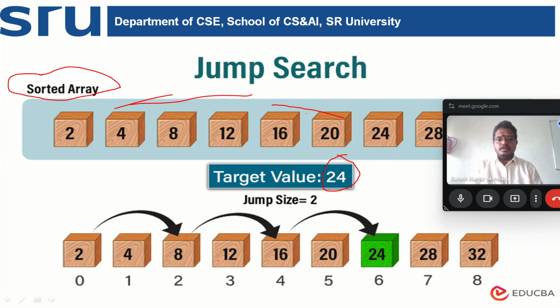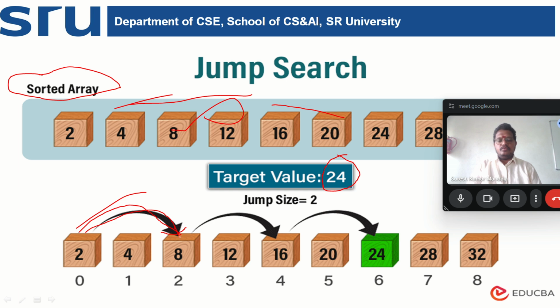How will it perform? In this example, the target value is 24. Here, the jumping works by leaving one element and then jumping. First it compares with 2. Is 2 equal to the target 24? No. Then it skips the next element and jumps, and compares 8.